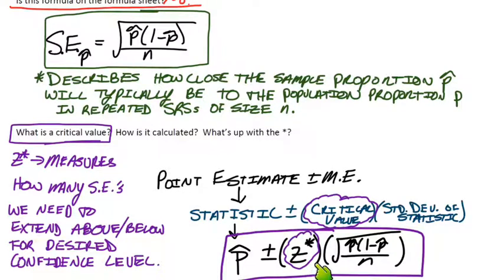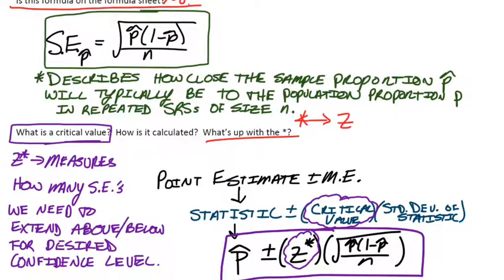So Z star would be 2. Actually, I think it's 1.96 if you calculate it, but roughly 2. And I'm using that 68, 95, 99.7 rule. If you wanted to go 3 standard deviations above and below, right, if Z star was about 3, you would be almost 99.7% confident in your interval.